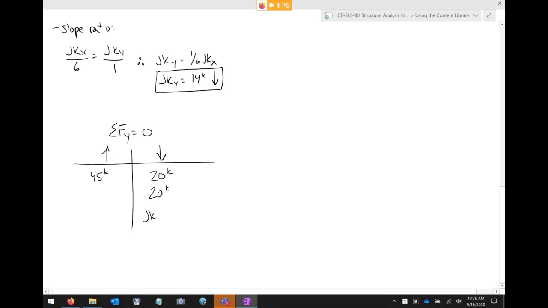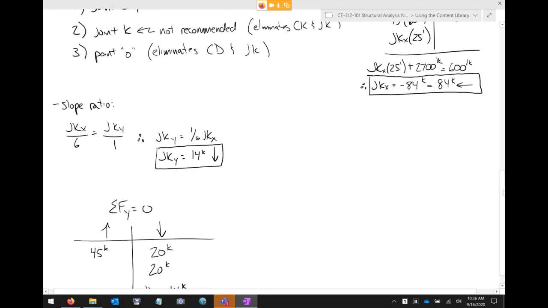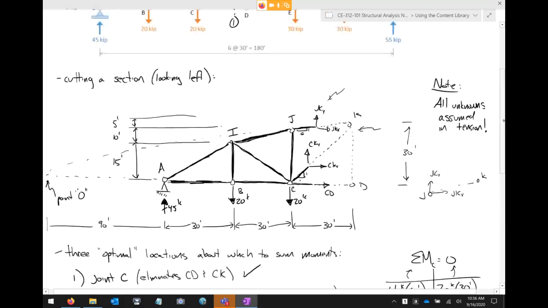So I could say JKY is 14 kips this way. The only thing left is my unknown in the vertical. I can't remember what direction I had that drawn. I had that drawn going upward. That's the CKY right there going upwards.